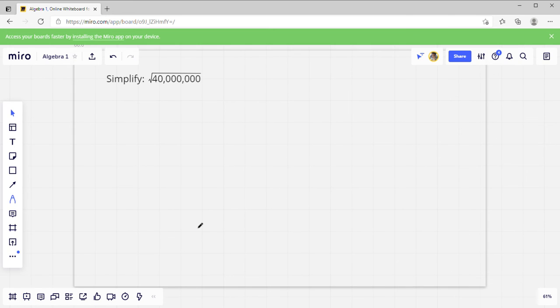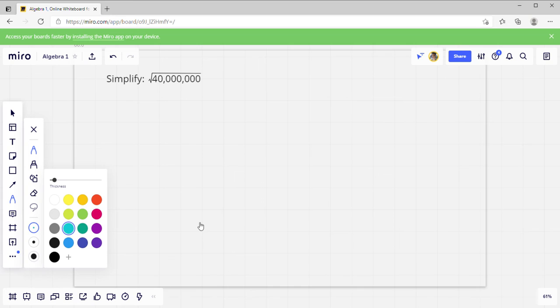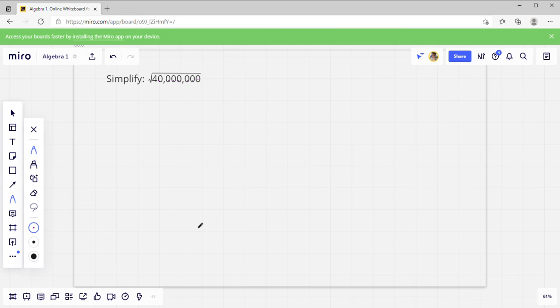Okay, this one, first thing we're going to do is count our zeros. 1, 2, 3, 4, 5, 6, 7. Okay, so we have to have an even number. So we're going to pull down this 40 right here times the square root of half of this.